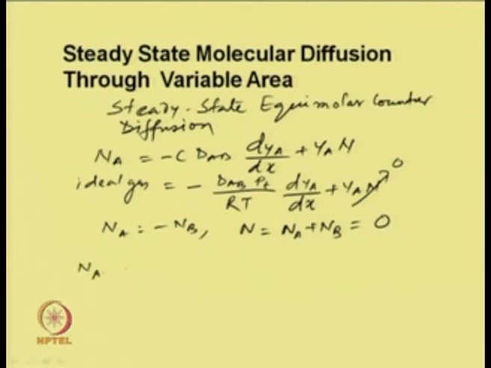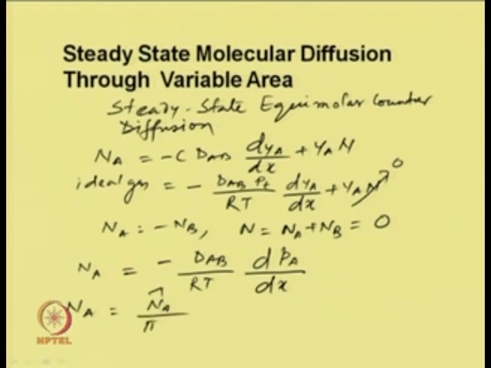Na will be minus DAB by RT dPA by dx, and also Na cap by pi r square is equal to minus DAB by RT dPA by dx.